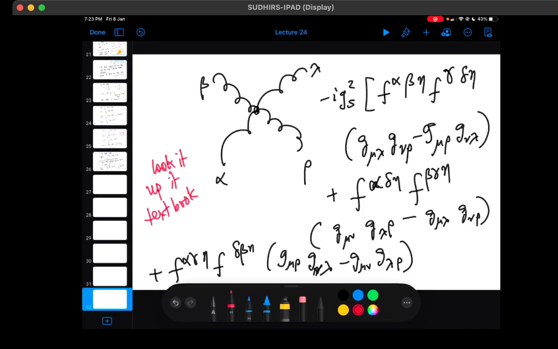So with these things, in the next lecture we will play with some simple processes in QCD.